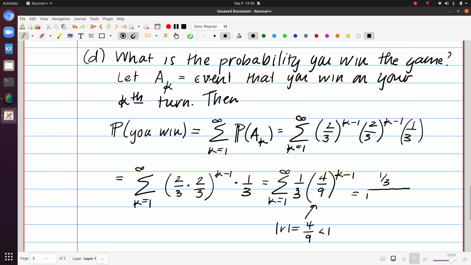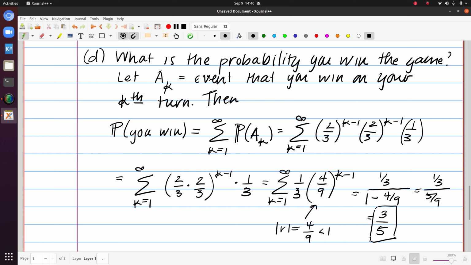And we're dividing by 1 minus r. And we can simplify this a little bit. So that's 1/3 divided by 5/9. And if we take 1/3 and multiply by 9/5, then we're going to get 3/5.